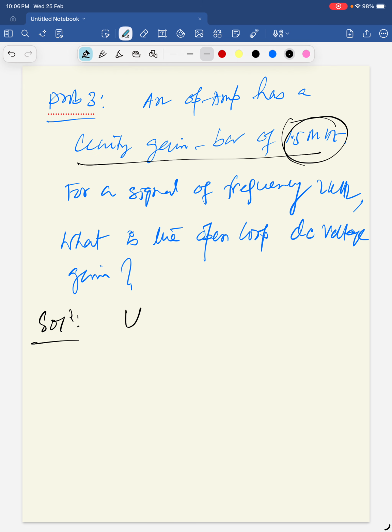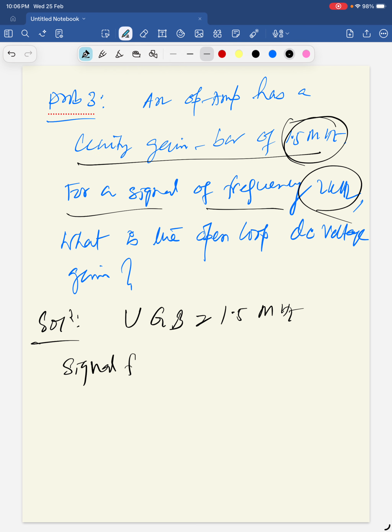What is given? Unity gain bandwidth of 1.5 megahertz, that is given. Now for a signal of frequency 2 kilohertz, so signal frequency, suppose this is f1, that is given 2 kilohertz. Now the question is, what is the open loop DC voltage gain?